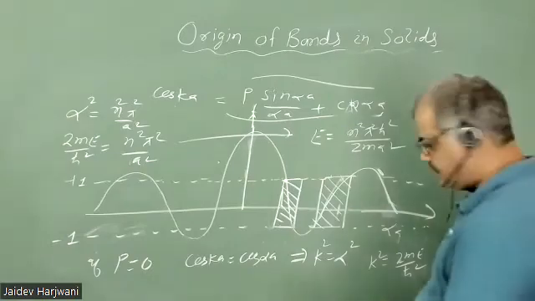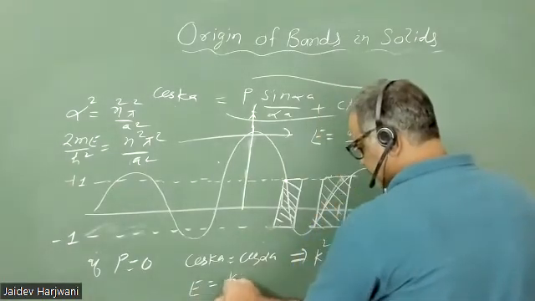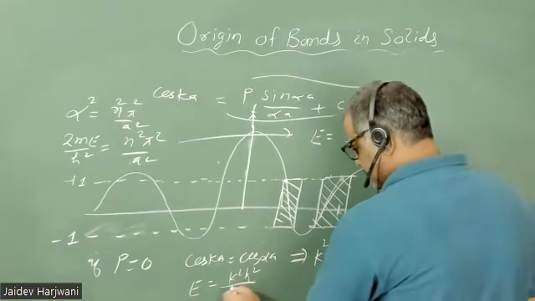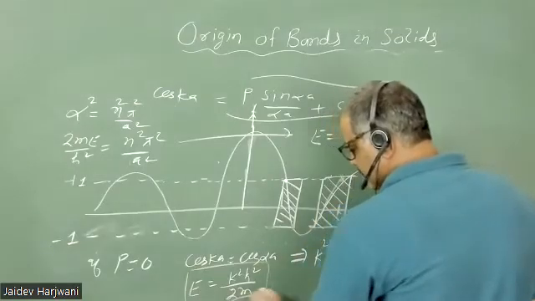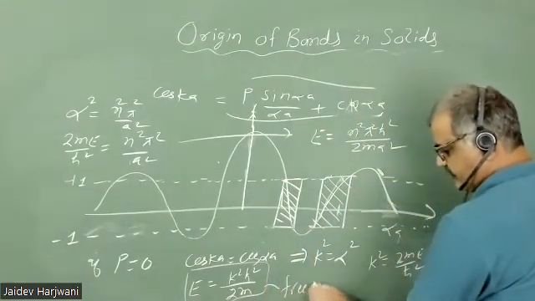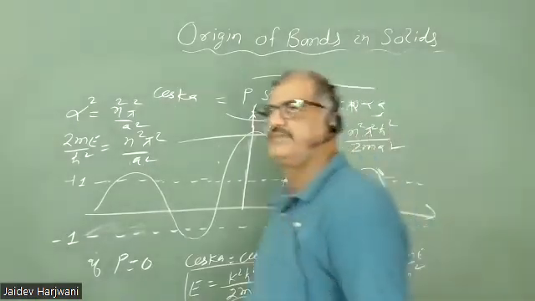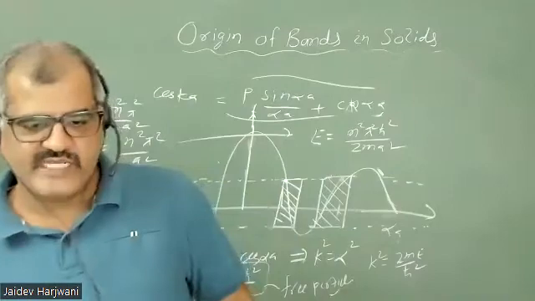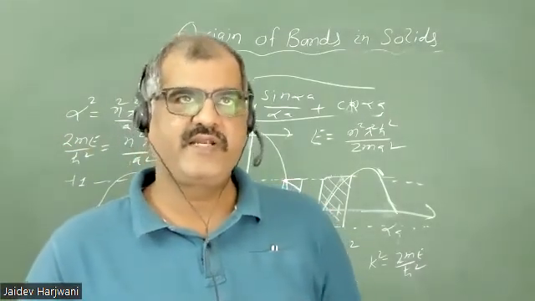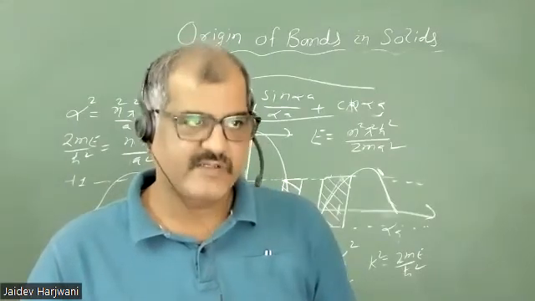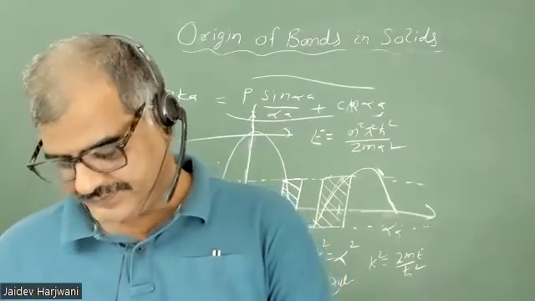So your E will be K square h cut square upon 2m, like a free particle. So exactly the solution is telling what we expect. When this is infinite, we have discrete levels. When it is 0, the particle behaves like a free particle.